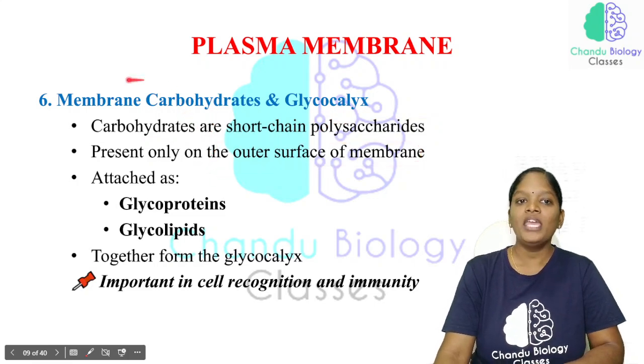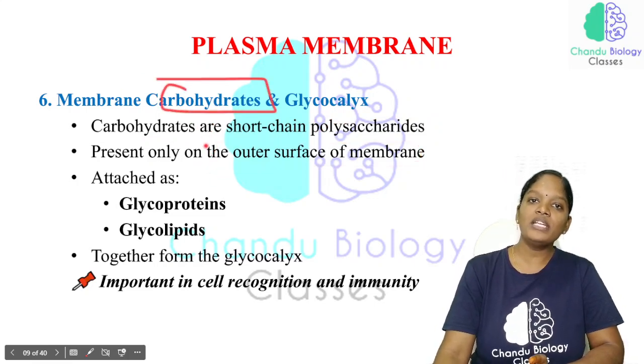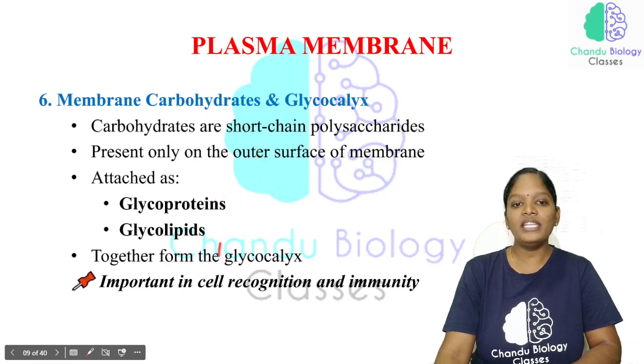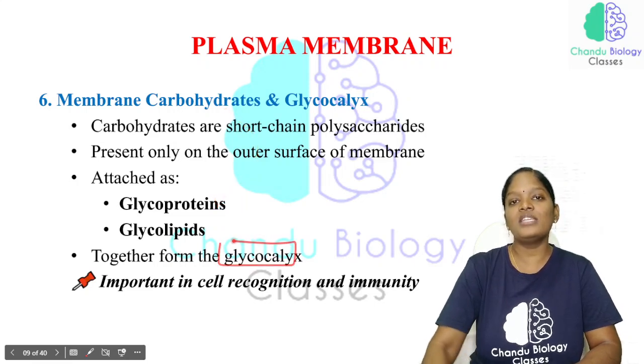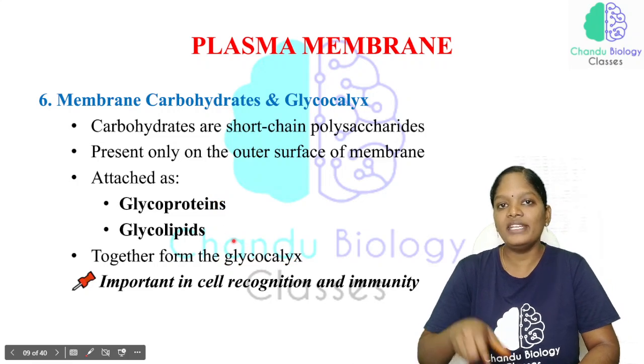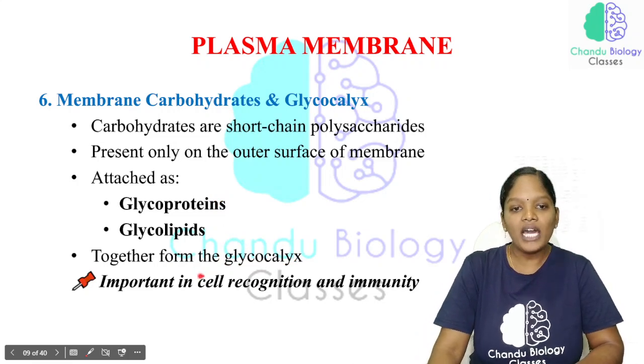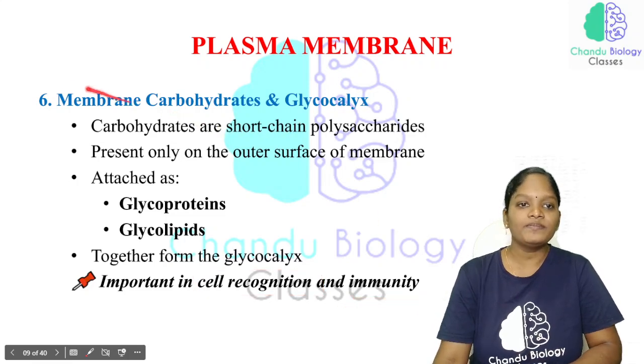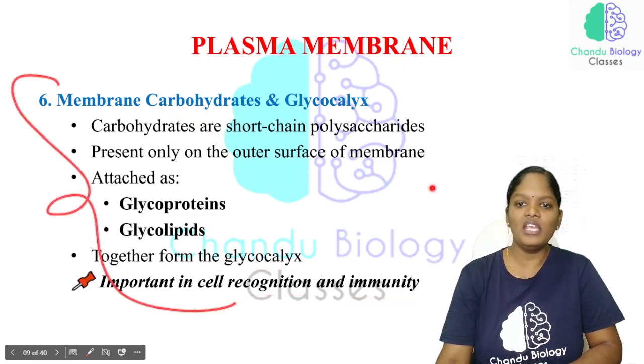These carbohydrates are not associated with the membrane directly, but instead are associated with glycoproteins and glycolipids. Together they form the glycocalyx. Now what is the function of these carbohydrates in the plasma membrane? They are important in cell recognition and immunity. So this is very important.